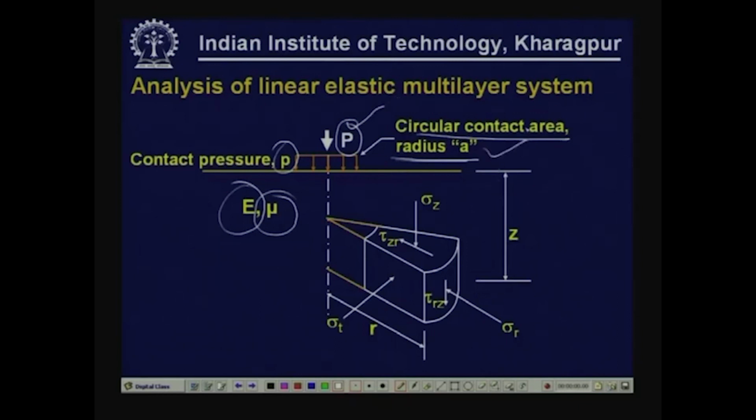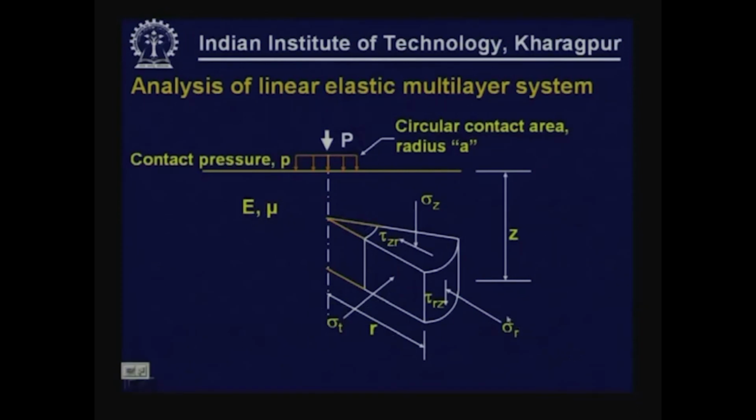If you consider an element at a depth z and at a radial distance r, there would be three normal stresses: sigma z, sigma radial along the radial direction, and sigma tangential along the tangential direction, and also one shear stress.